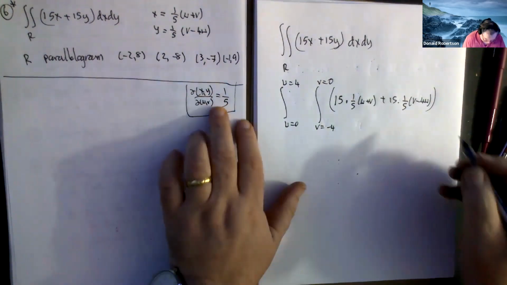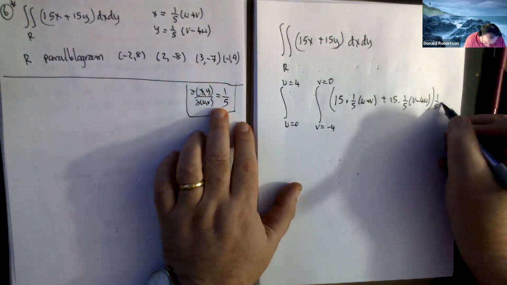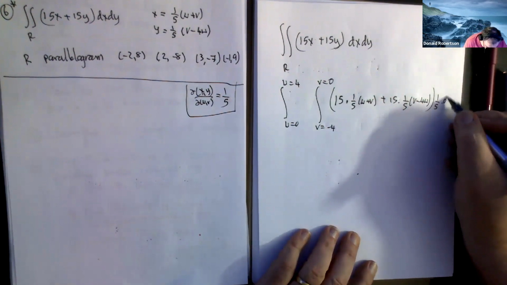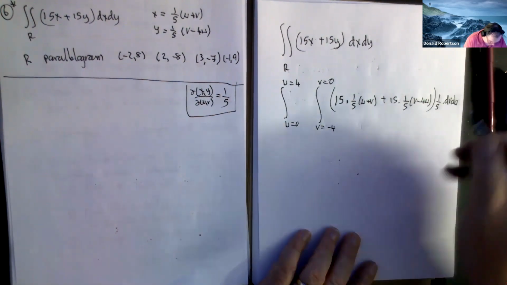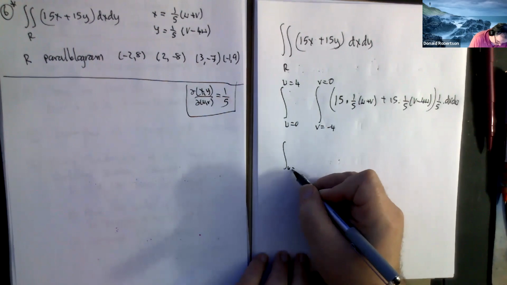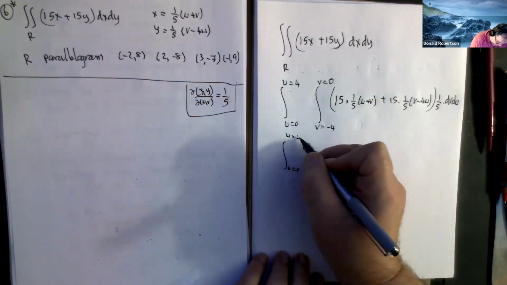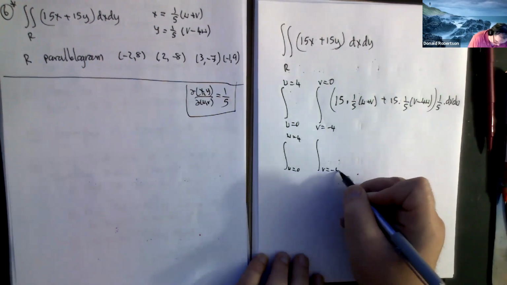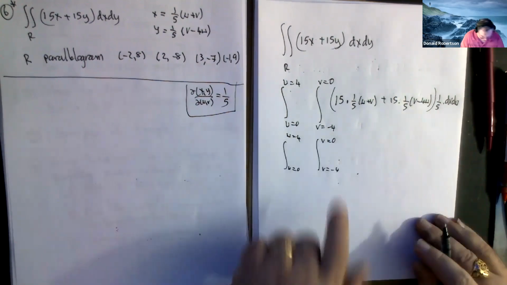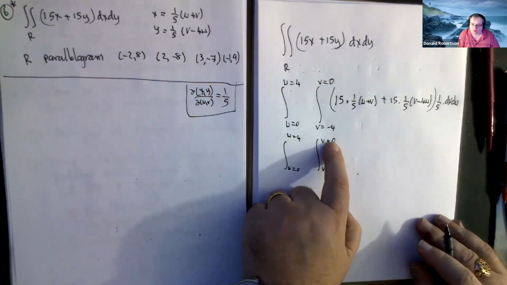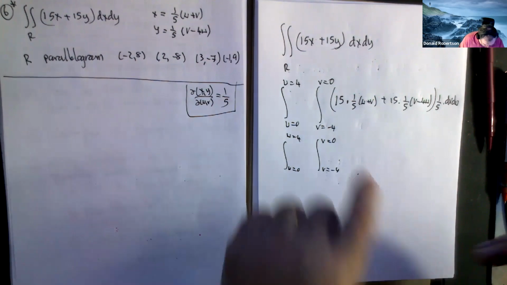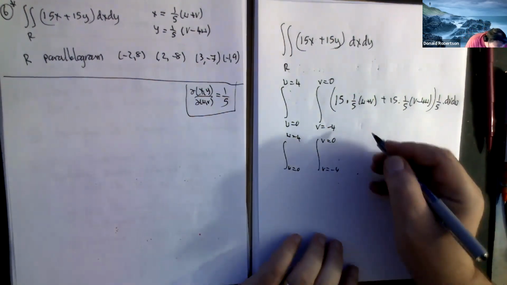The Jacobian was a 5th. And then we can just do dv du. So let's see what we get here. By the way, if that's not 0, it's probably going to be 4. But I'm going for 0 because it looks nice and symmetric.